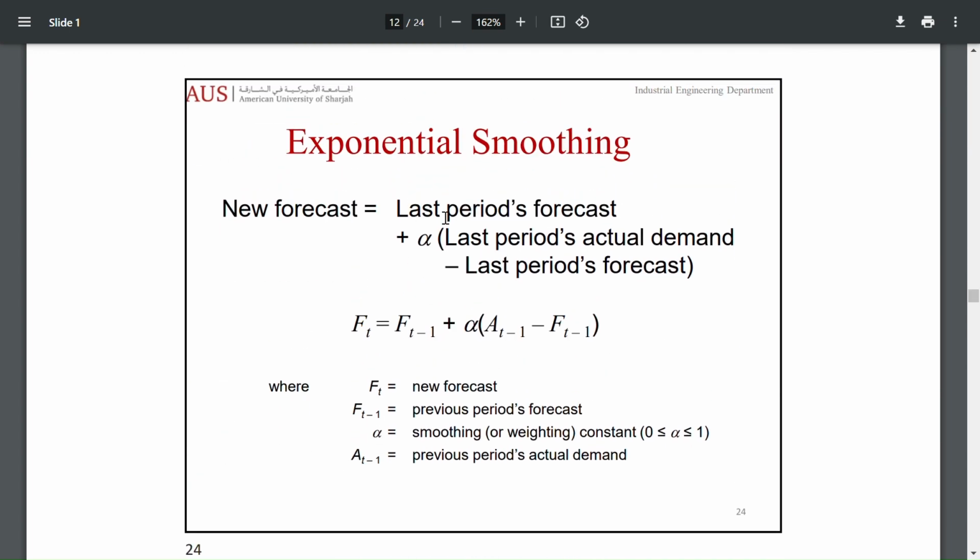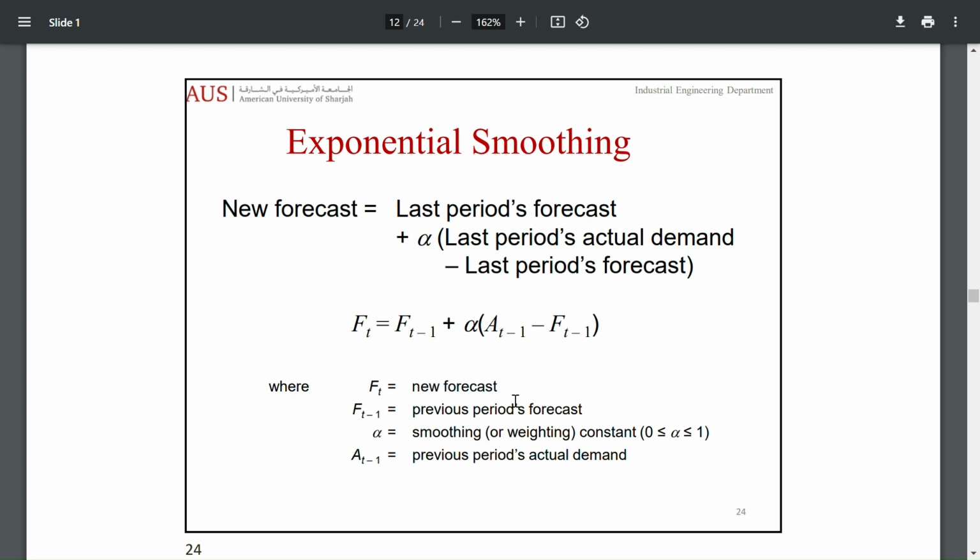So basically, the exponential smoothing, this is the formula for it. If we go through the formula, we're going to see that F_t equals F_(t-1) plus... What is F_t? F_t is the new forecast.